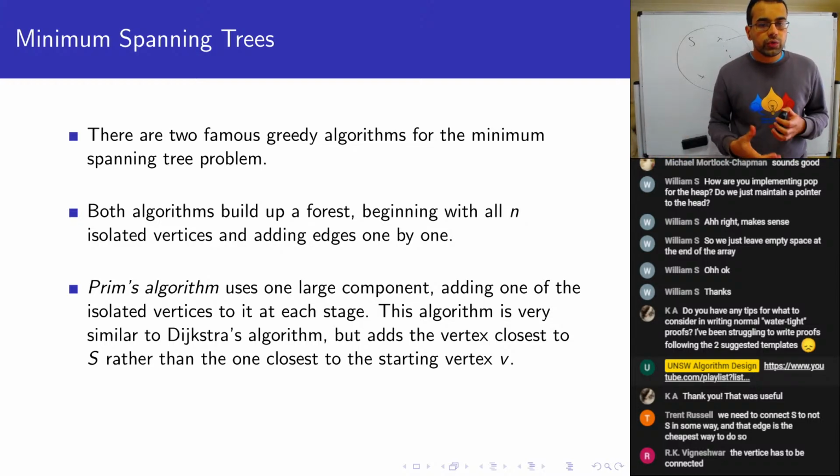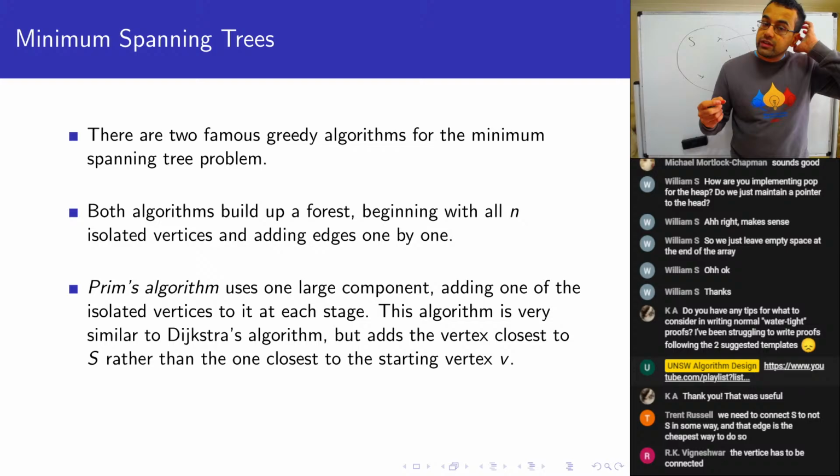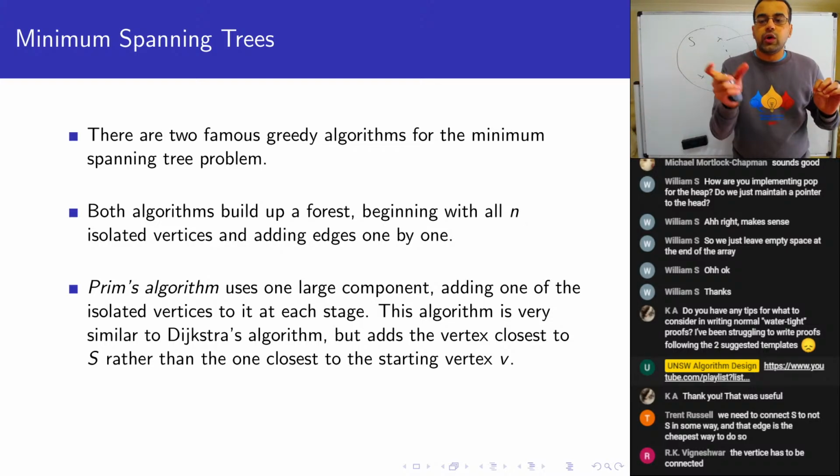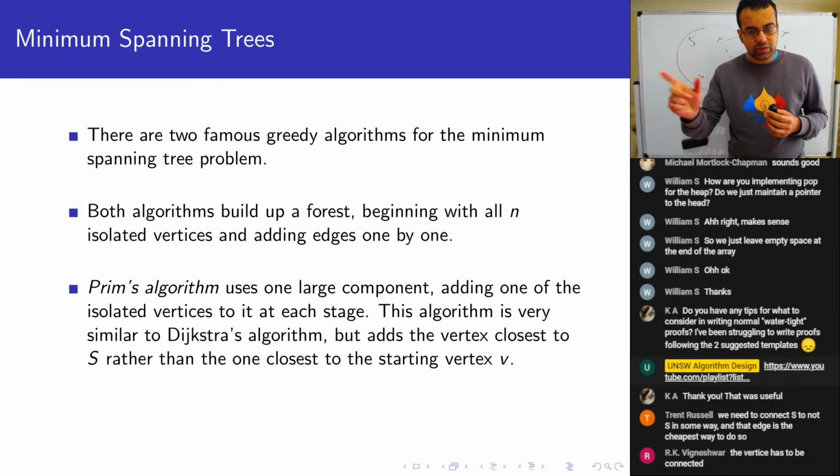So all you do is add the vertex closest to S rather than the vertex that is closest to... Sorry, what am I saying? There's a typo here, that's why. So you're not adding the vertex with smallest entire path length. You're adding the vertex with the smallest last edge crossing the frontier.